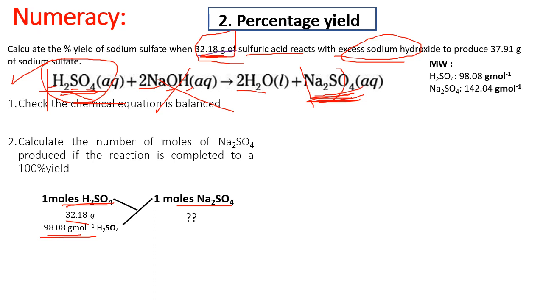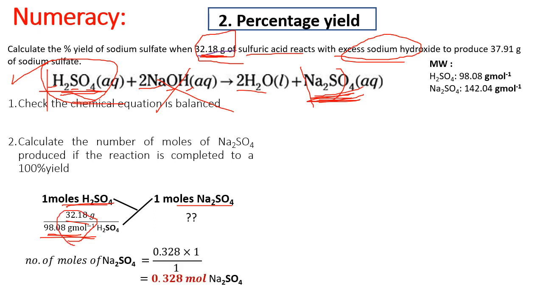By doing this division, 32.18 over 98.08, I get the number of moles of the H2SO4, which would be 0.328, multiplied by 1 over 1, so 0.328 moles of H2SO4 would give me 0.328 moles of sodium sulfate.